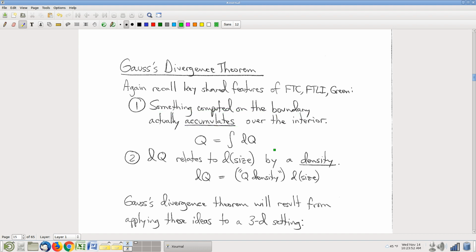First observation. The second thing we needed is that on each little piece, when you're looking at total quantity as a sum of a bunch of little quantities, I can relate that quantity, whatever it is, this accumulating quantity, to being some sort of a density times the size of that corresponding piece.